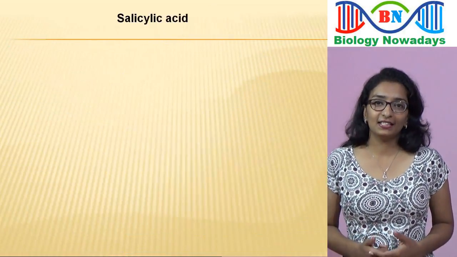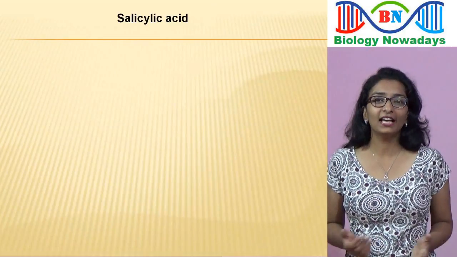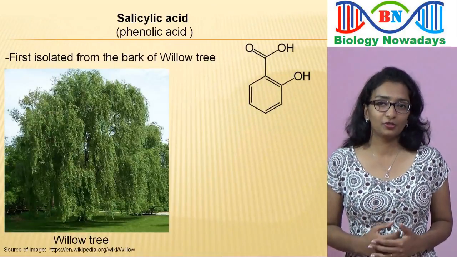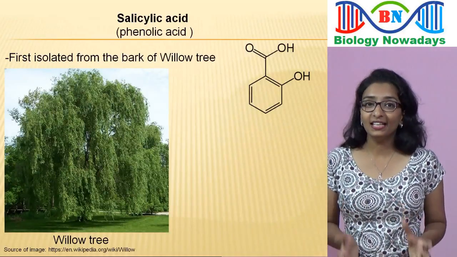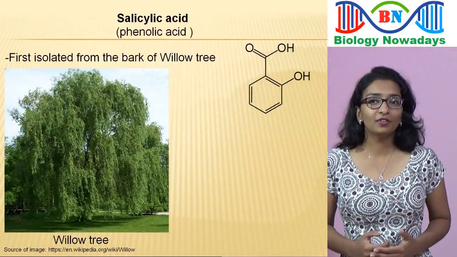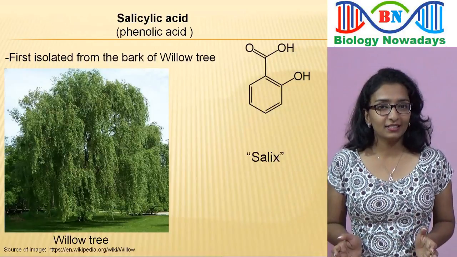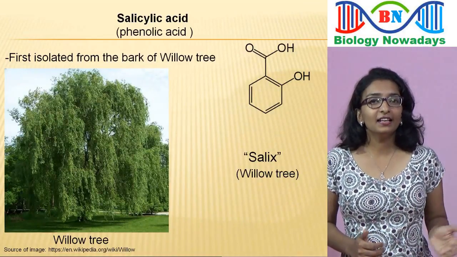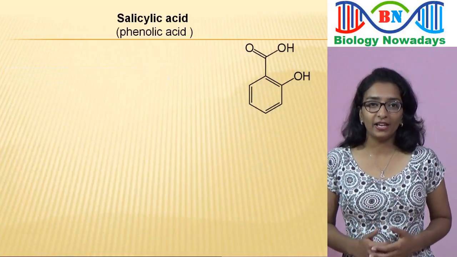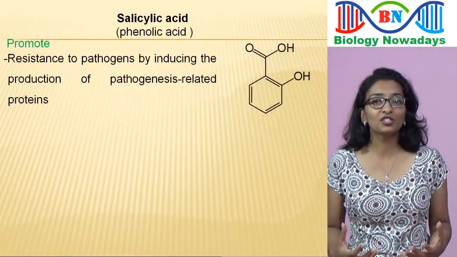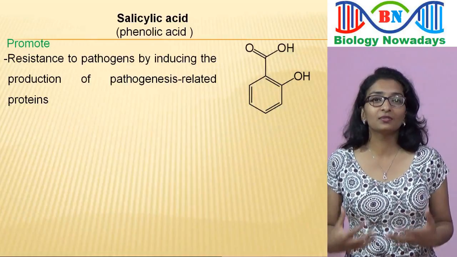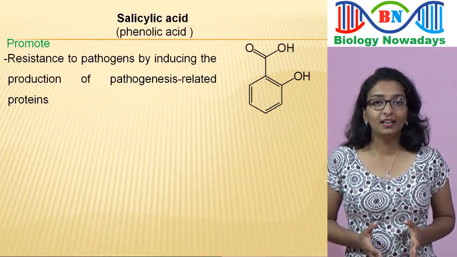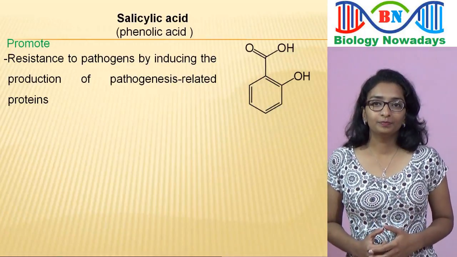Next is salicylic acid. It is a phenolic acid. It was first isolated from the bark of willow tree. The word salicylic acid was derived from the Latin word salix, which means willow tree. Salicylic acid promotes resistance to pathogen by inducing the production of pathogenesis-related proteins, that is, proteins produced in plants during a pathogen attack.